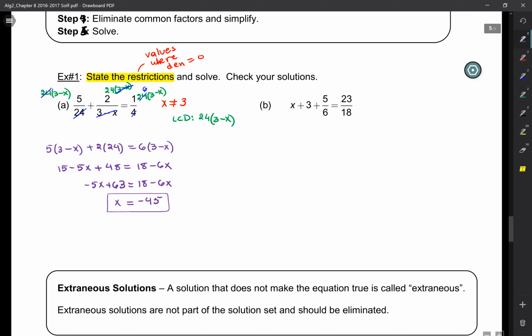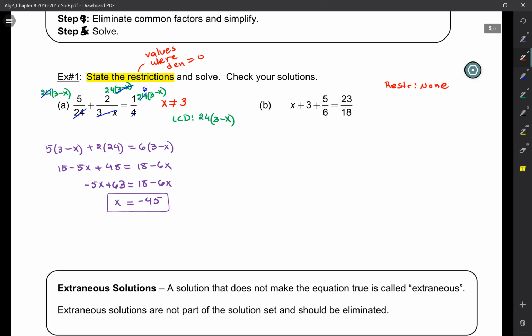All right, so any restrictions? None, right? Because there are no variables in the denominator that could potentially equal 0. If I ask you, say that there are no restrictions, just so I know that you've checked and you've determined that there are none, versus you just forgot to check.